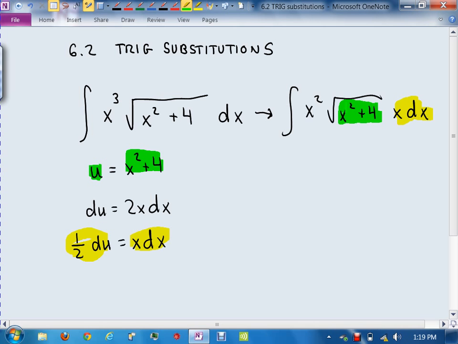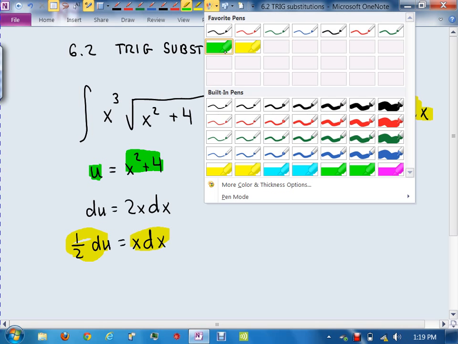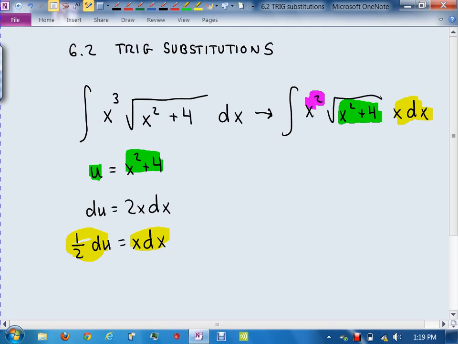And then what about the x squared? I could solve for x squared and replace it with u minus 4, couldn't I? And we would be able to work this integral this way, wouldn't we?